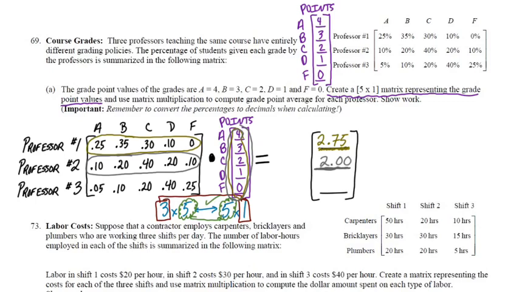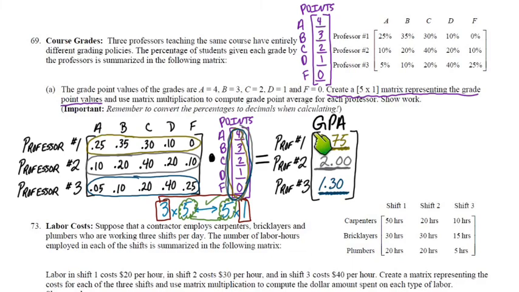And last but not least, Professor 3, a rough grader indeed. In blue here, take Professor 3's row times the grade points and add all those up. We get 1.3, the GPA for Professor 3's class. Let's label these: Professor 1, Professor 2, Professor 3, and this would be the grade point average for their individual classes.